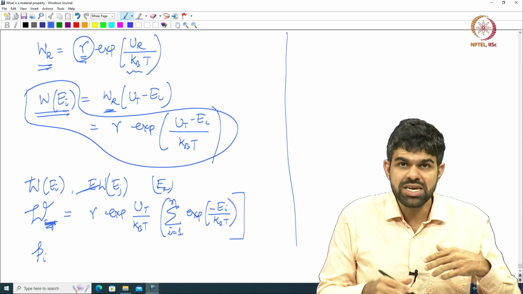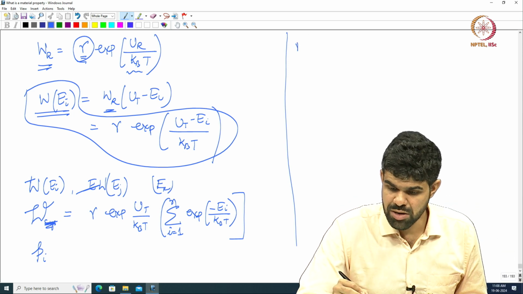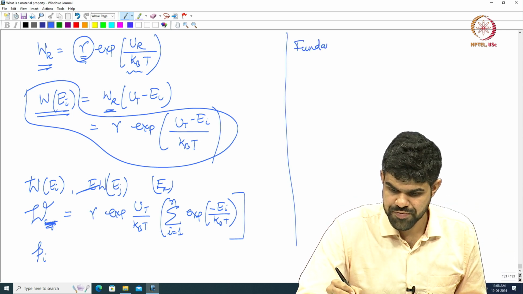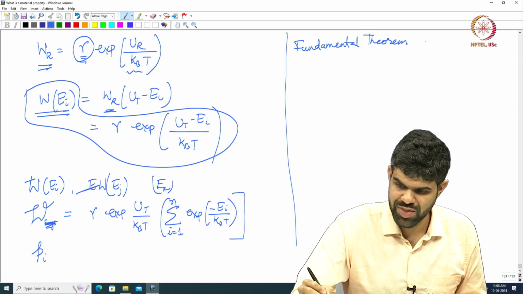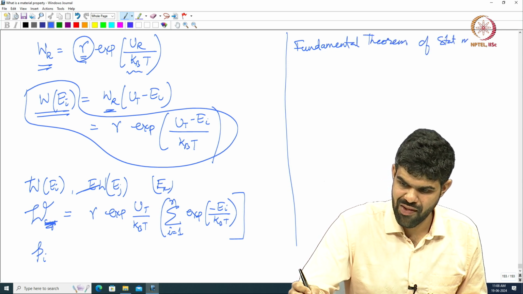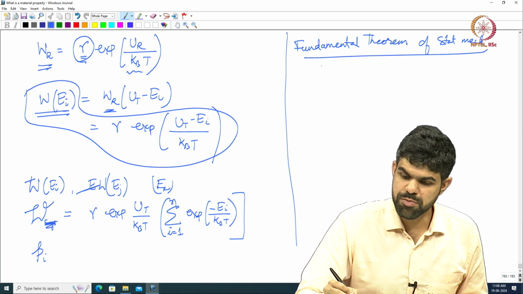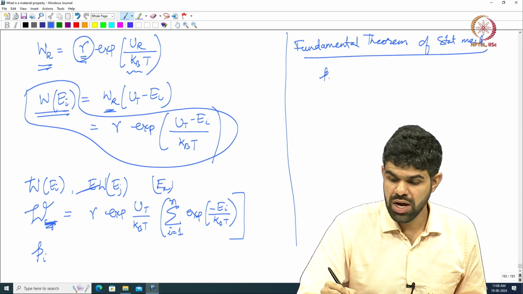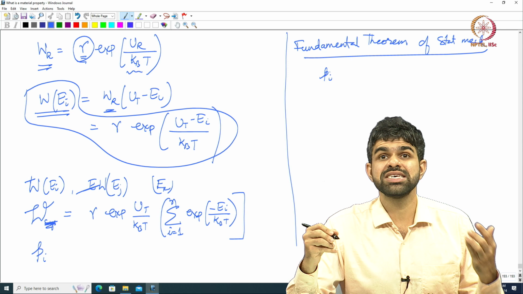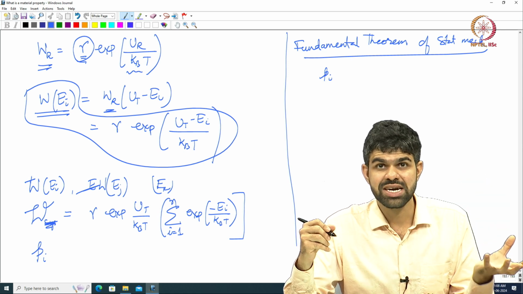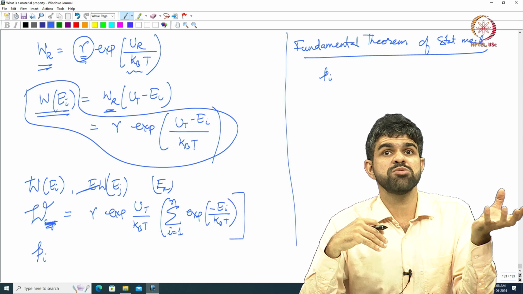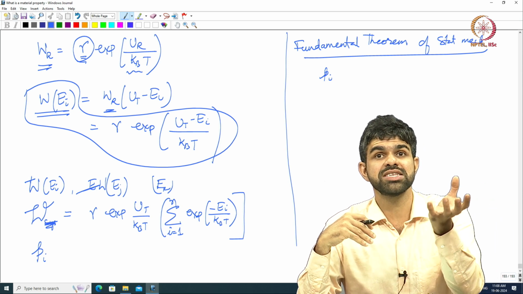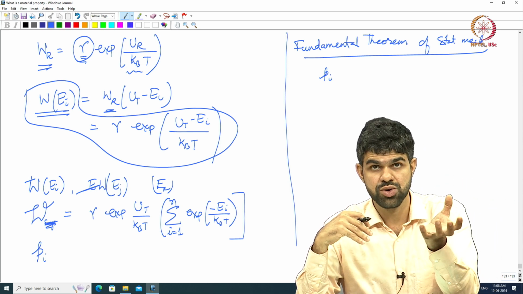And for this probability I will use the fundamental theorem of StatMech, where the probability that my particle exists in an energy state I, that is a microstate for the particle, is the same as the probability that my system will exist in an energy state J and so on and so forth.